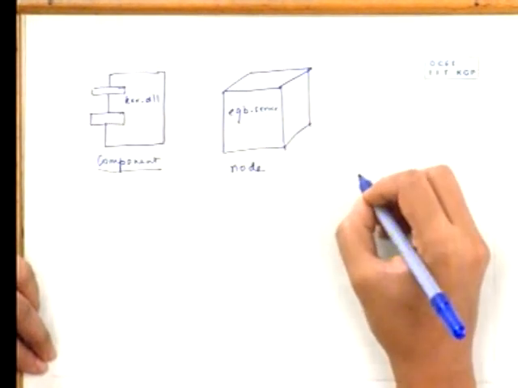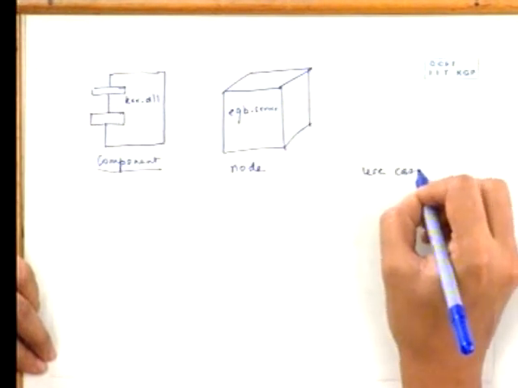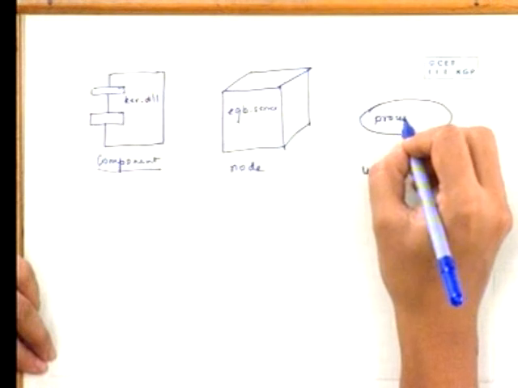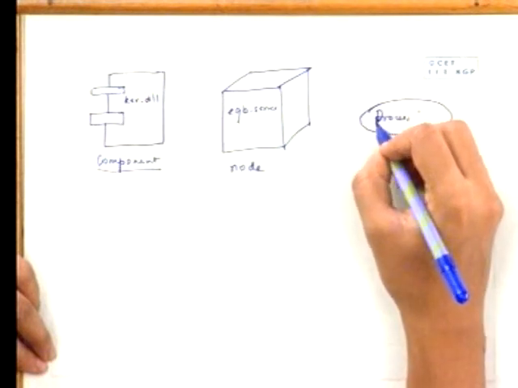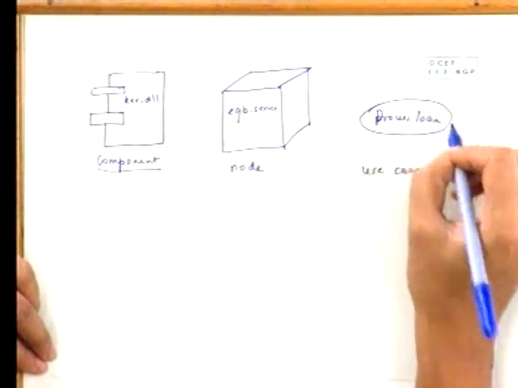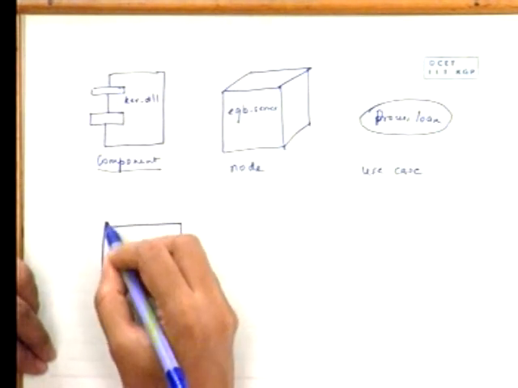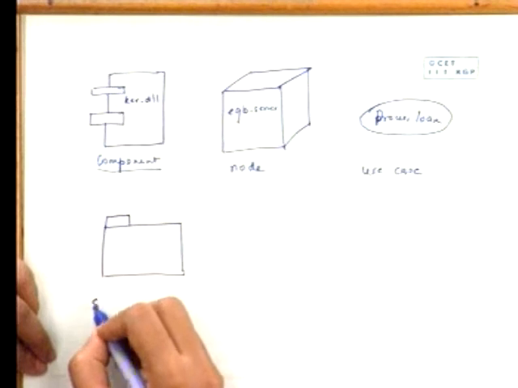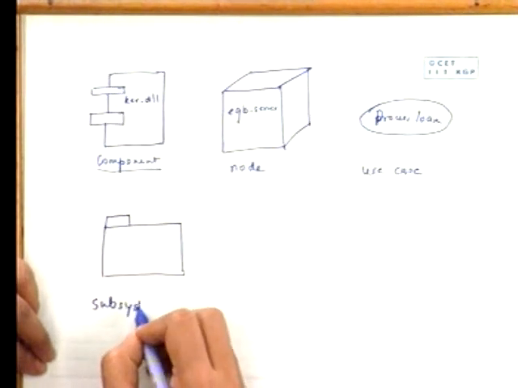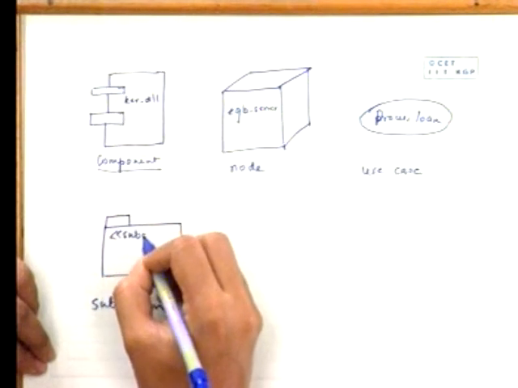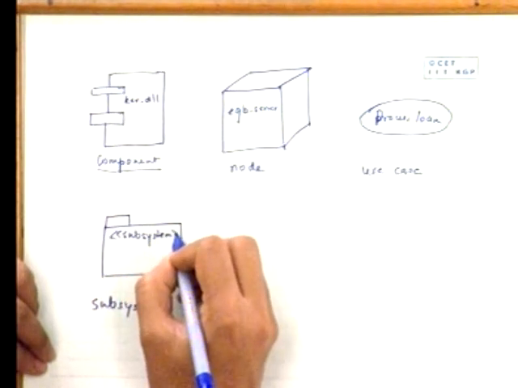A use case is specified as an oval. And a subsystem is specified as a folder with the stereotype subsystem.